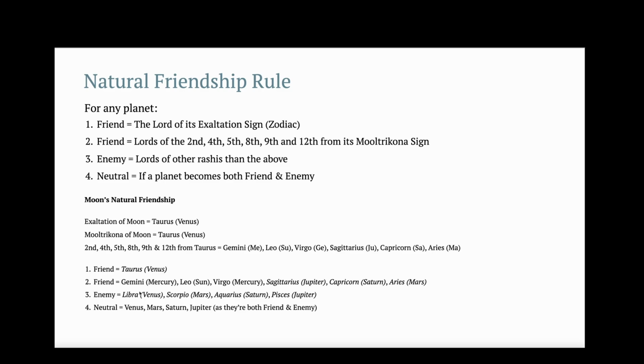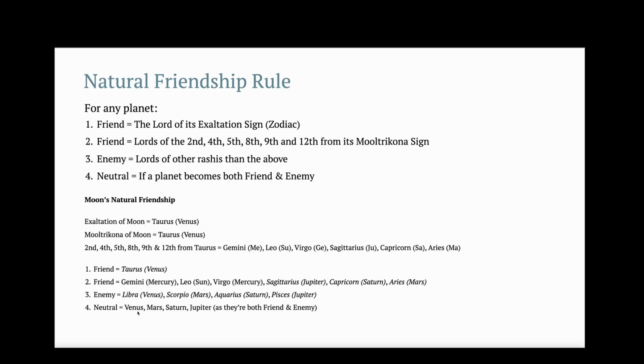So to calculate the neutral planets, we can see that Venus is a friend here and Venus is an enemy here, and similarly Mars is a friend here and Mars is an enemy here. Saturn is a friend here and Saturn is again an enemy here. Jupiter is a friend here and Jupiter is an enemy here.